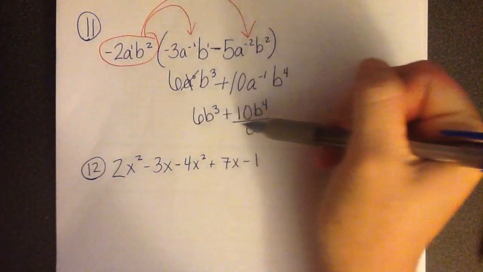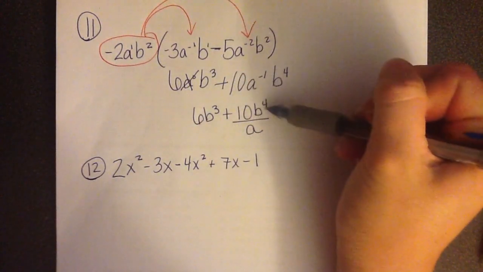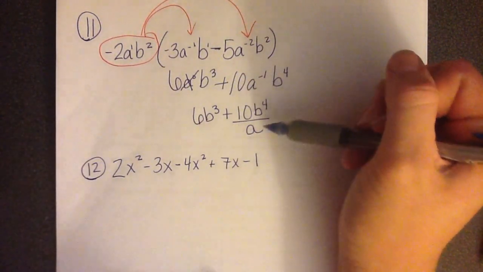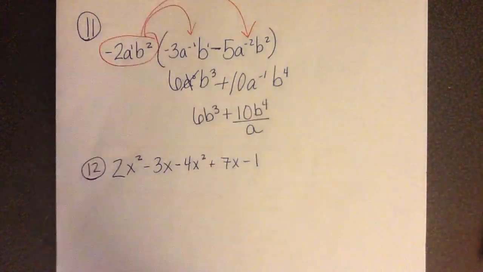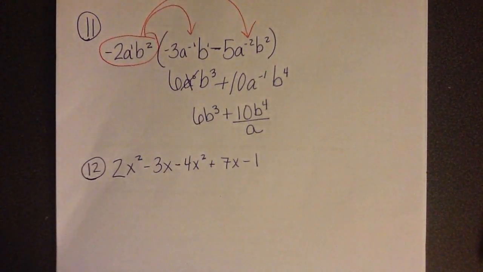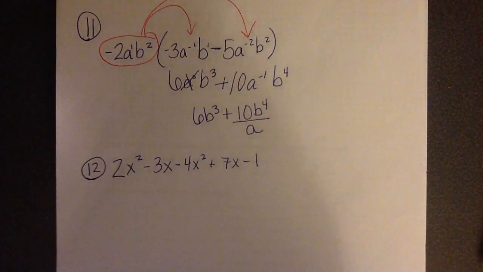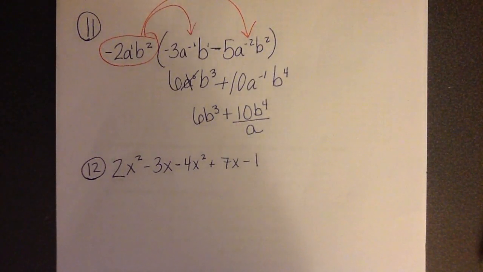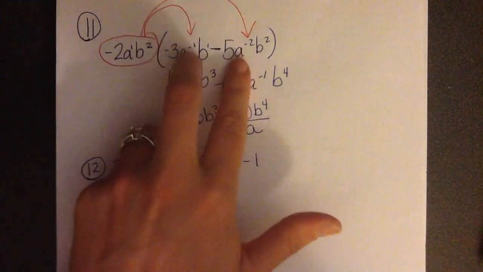You don't put like a whole big line. It's only with the second term here. That's the difference between a problem like this and a problem like number 10, number 8, where it's all just one term. It's a monomial. This, we have a binomial here.